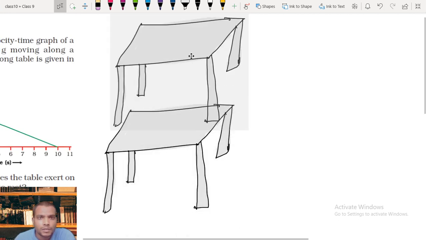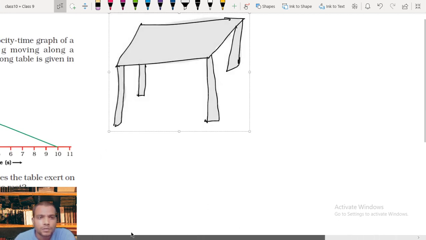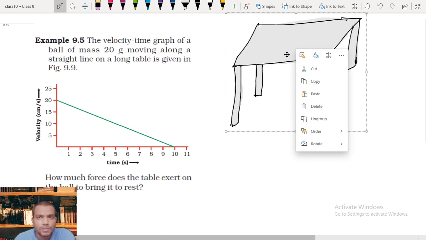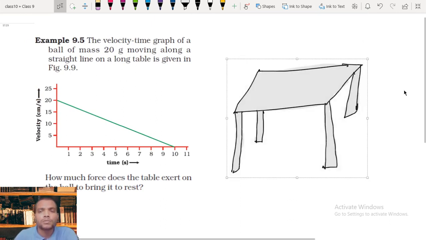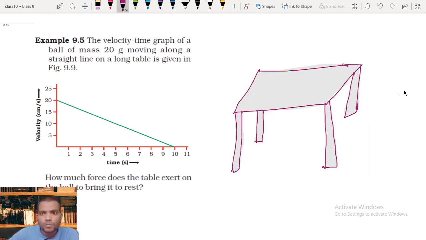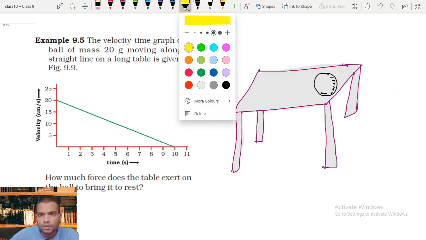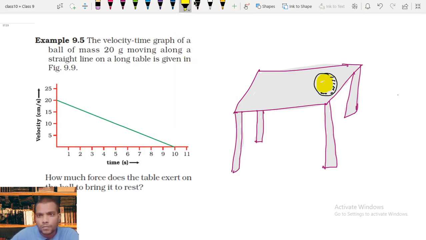So this is my table. Suppose on this table a ball is rolling. Now let me draw a ball. Suppose this is my ball. This ball is rolling on the table.